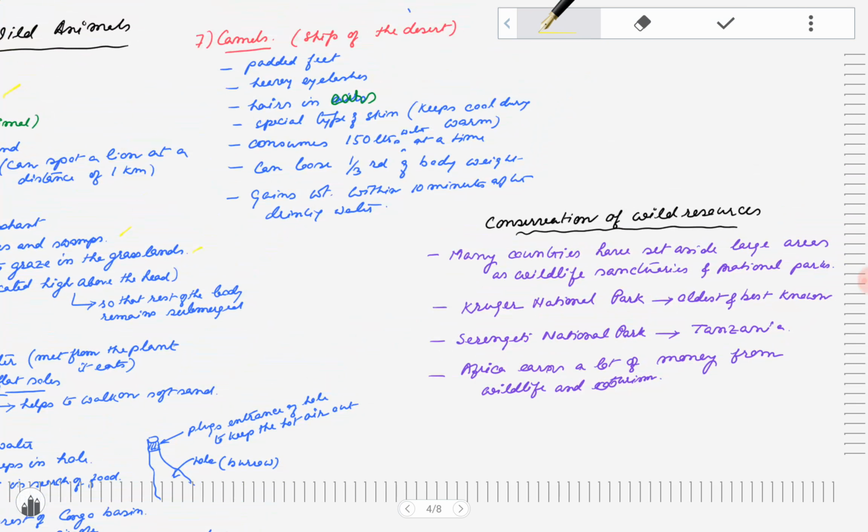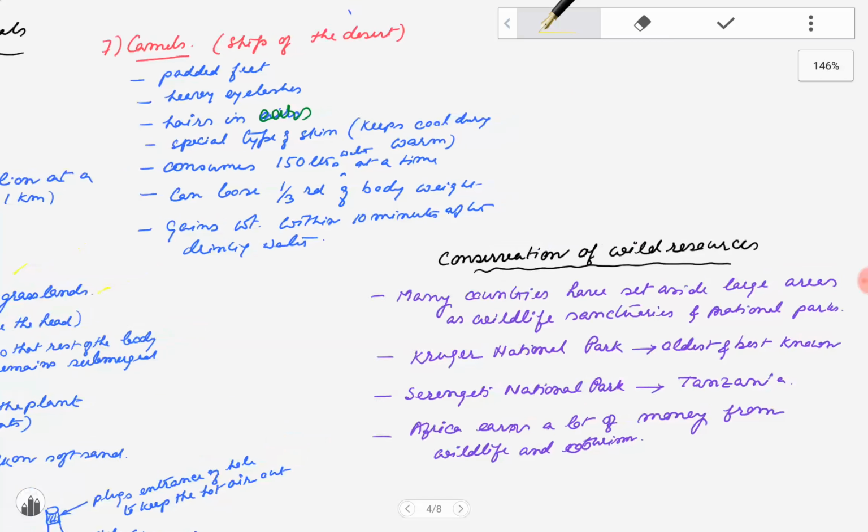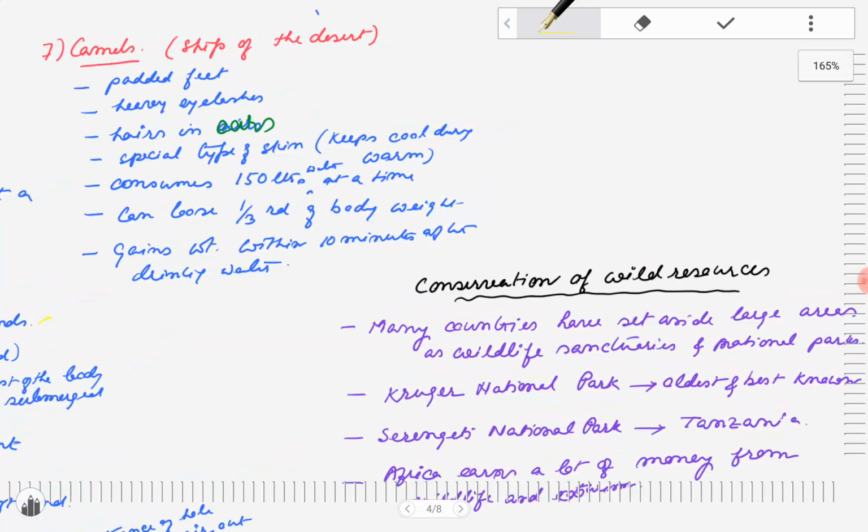Now, the camels, these are called the ships of the desert. They have padded feet.